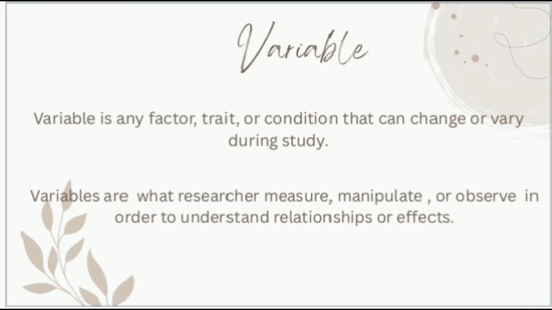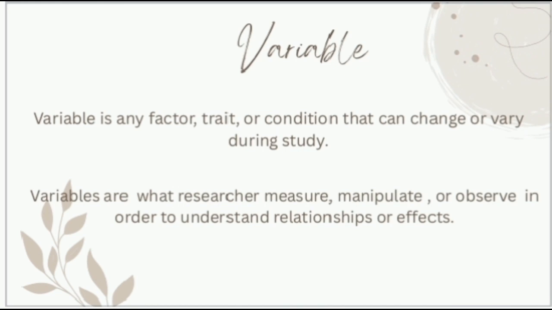So basically, when we study quantitatively, we check the impacts or the relationship between two things. Those two things are the variables, and the researcher can change, manipulate, or measure them.